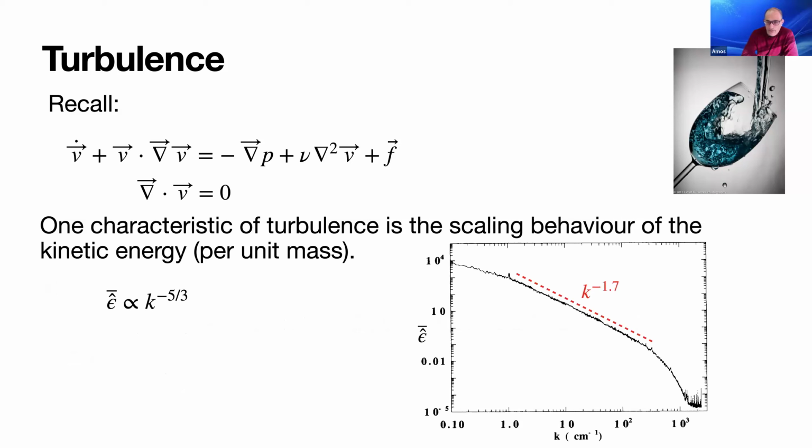So here, what you see on the horizontal axis is the momentum. What you see on the vertical axis is the kinetic energy density, and there's a range of momenta where this 5/3 scaling is observed. Is this Kolmogorov?